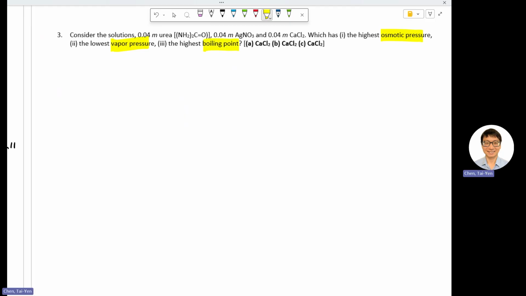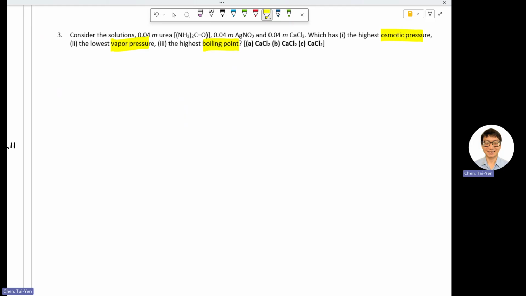Every time you see osmotic pressure, vapor pressure, boiling point, freezing point, those are the terms that you know are testing your colligative property concept, right? The colligative property concept is very simple. You need to calculate the effective concentration, which is your Van Hoff coefficient i times the given concentration, right?